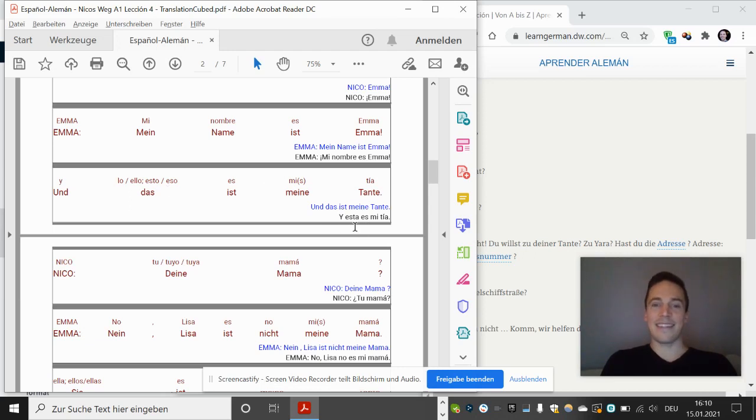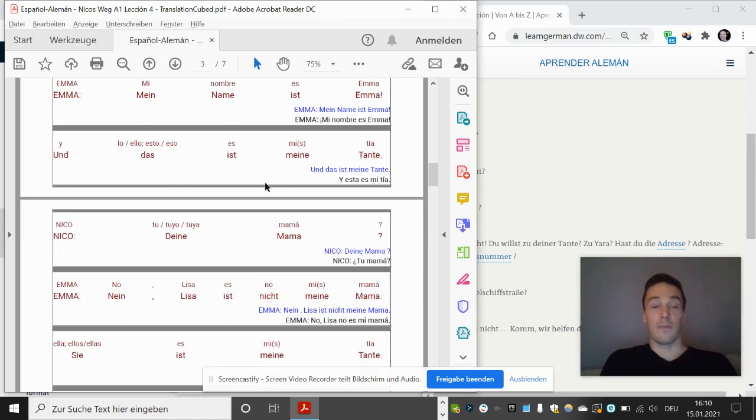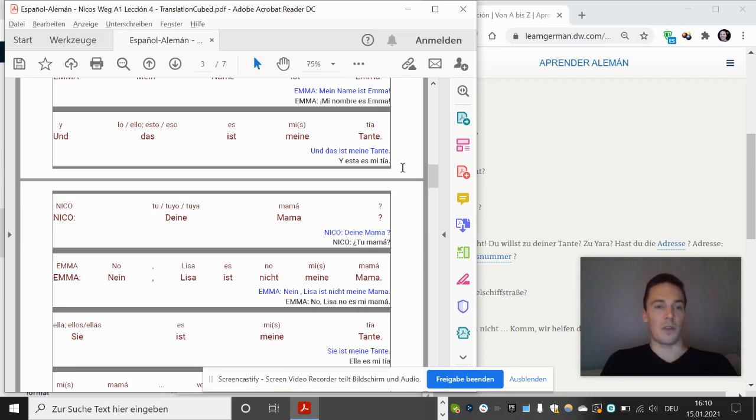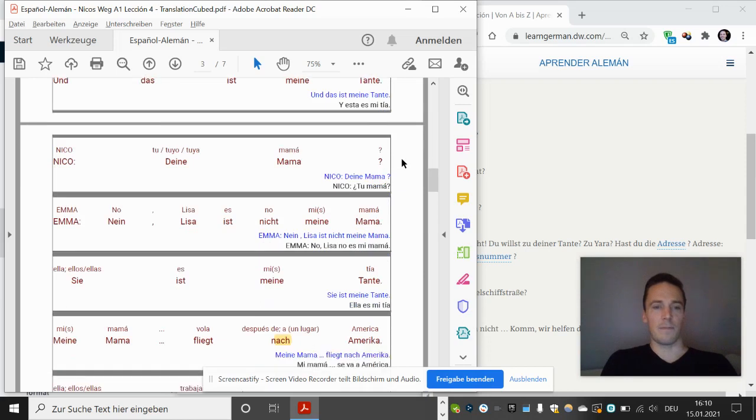En este caso, esta es mi tía, pero se dice simplemente, und das ist meine Tante. Se podría también decir, und sie, ella, ist meine Tante. También es posible, ¿vale? Pero muchas veces, especialmente en el alemán coloquial, decimos das. Das para todo. Das ist meine Tante.